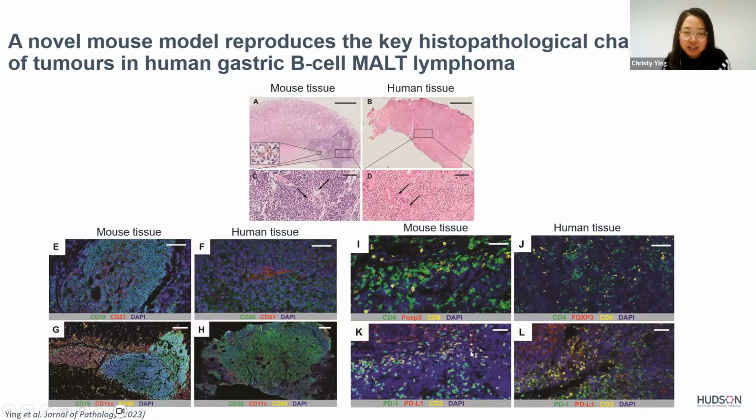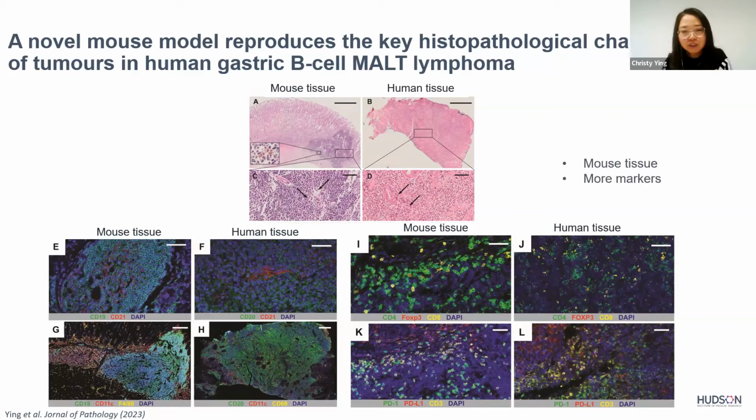And it's especially interesting, we could see there is abundant expression of PD-1 and PD-L1 in the gastric tissue. So I think this mouse model will be very ideal for evaluating the anti-PD-1 or PD-L1 antibodies in this disease.